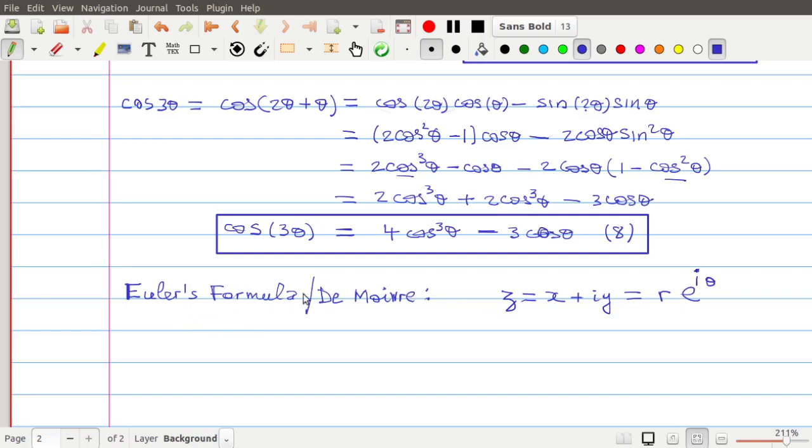So Euler's formula, or de Moivre's formula, tells us that if I raise this to a certain power, that is, if I raise z to the power of n, which is the same as exponential i n theta, it is the same as if we write this. So these two are equal.